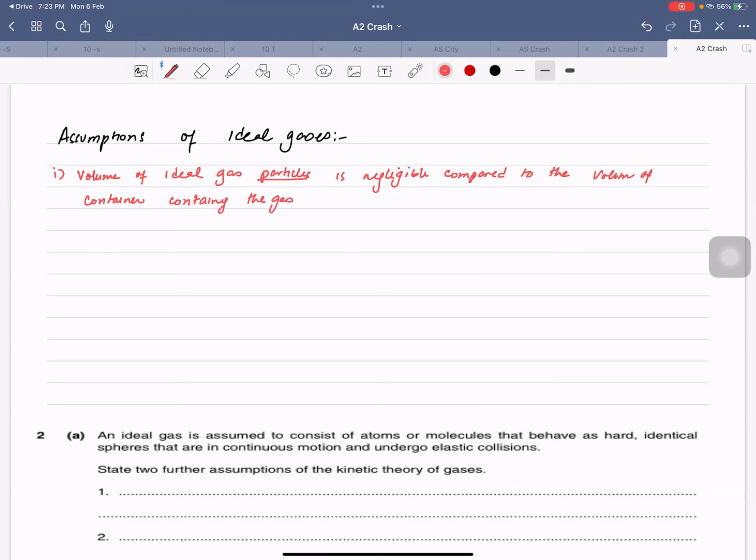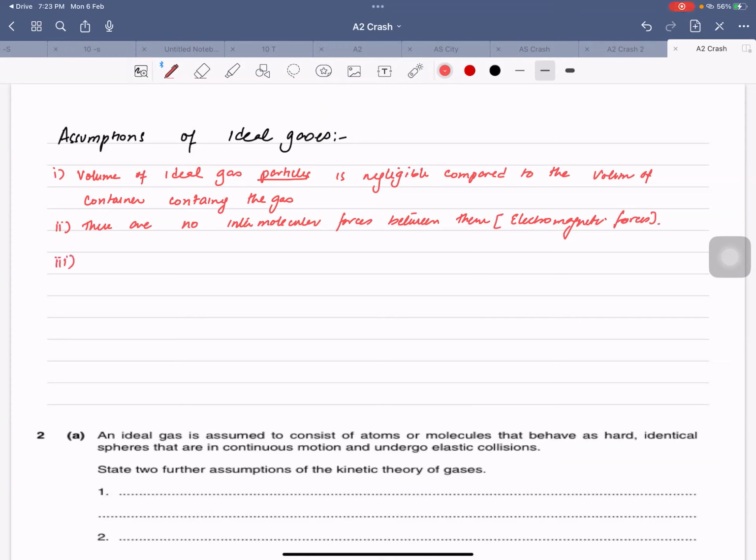All right, so this is the most common point he's going to ask you, so you should remember that. The other point is that there are no intermolecular forces between them. Sometimes he would also use electromagnetic forces. If he says that, do not worry, it means the same thing.